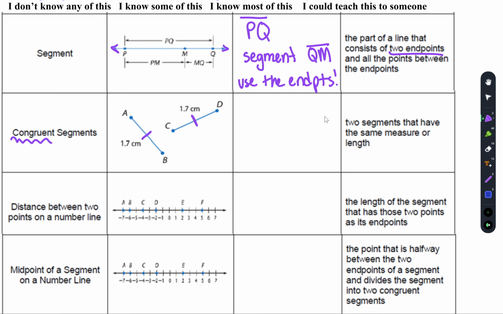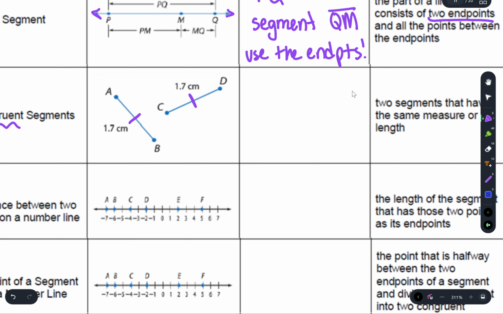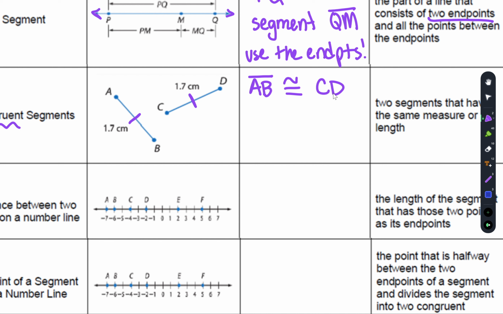So these purple lines here that I just drew in, those mean congruent segments. The way that we write that, if I wanted to say that these two segments were congruent, is I would say segment AB. My congruent symbol is an equal sign with a squiggle on top to segment CD. So right there, that's telling me that my two segments are congruent.